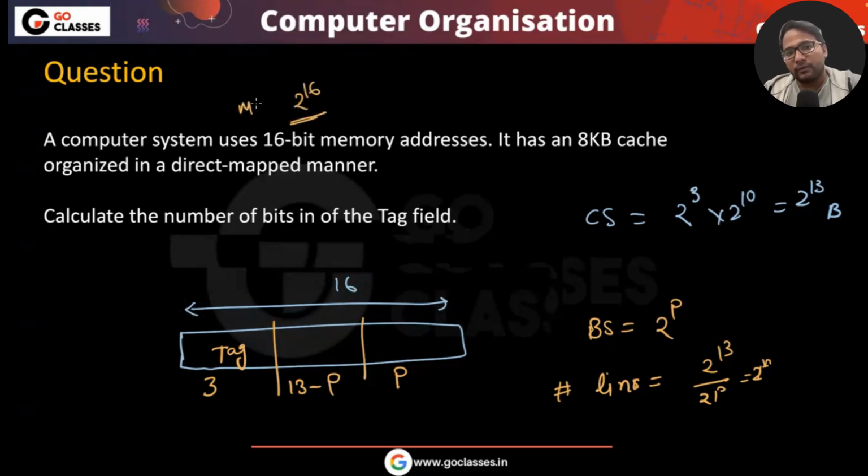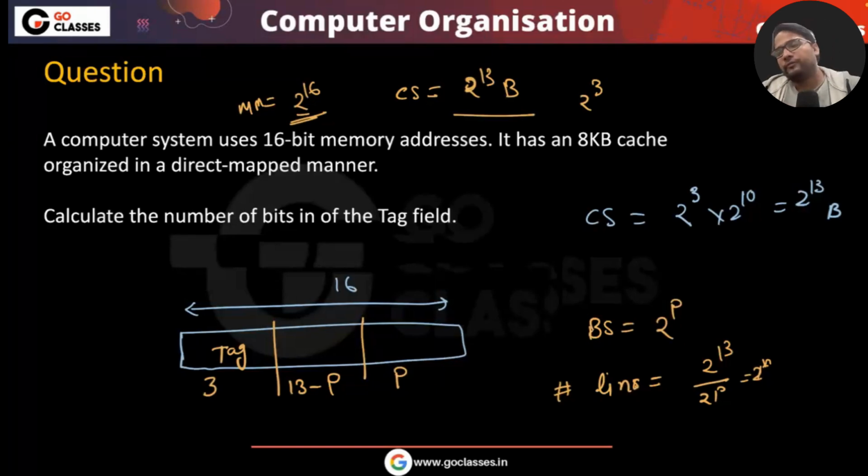They have given you the cache size, which is 2 power 13 bytes. With these two, can you directly tell me the tag? Tag is nothing but the ratio between these two. It is 2 power 3, right? It means tag must be 3 bits.